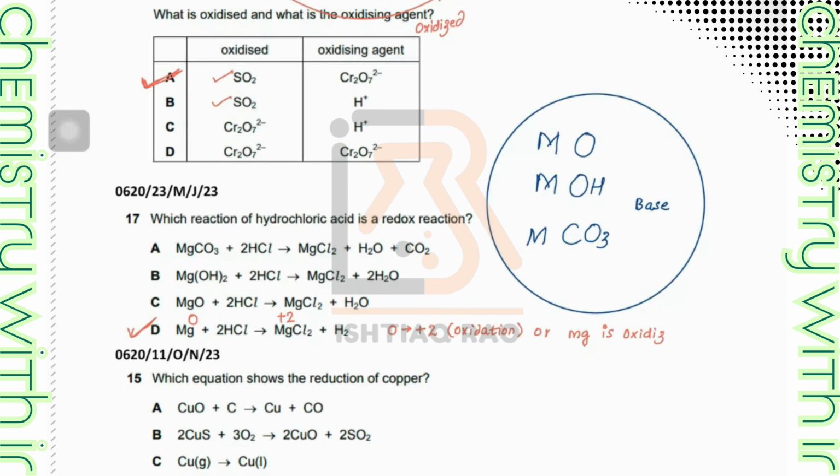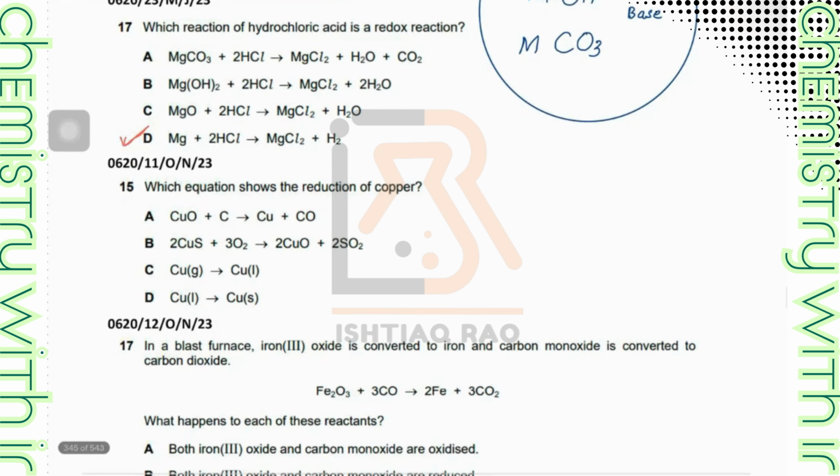Then what about HCl? Minus 1, minus 1. But you're not supposed to check minus 1 or plus 1, because the question says which reaction of hydrochloric acid is a redox reaction. I'm not supposed to check the charge of magnesium as well, because this is not an acid-base reaction. So I would say this is a redox reaction. Simple, short question.